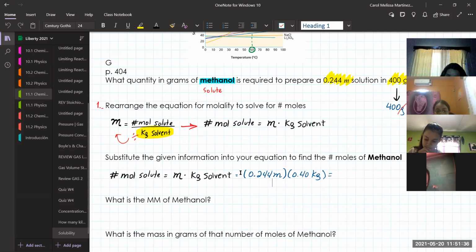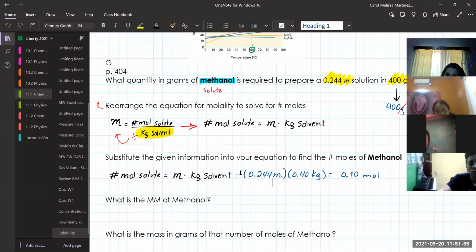How much is this? 0.0976. So I'm going to round it to 0.10 moles of methanol.